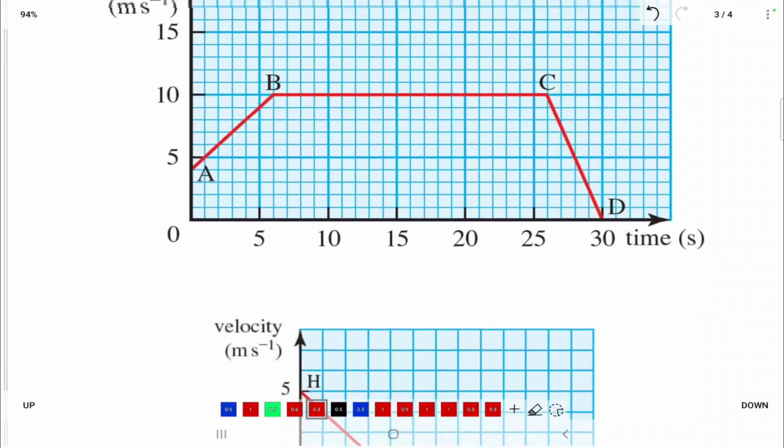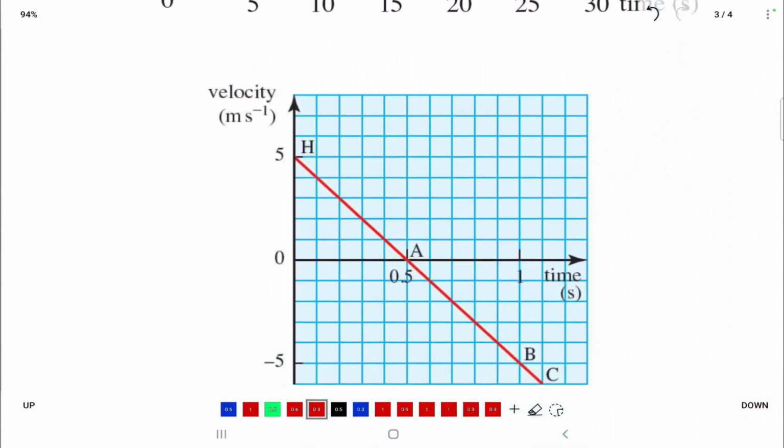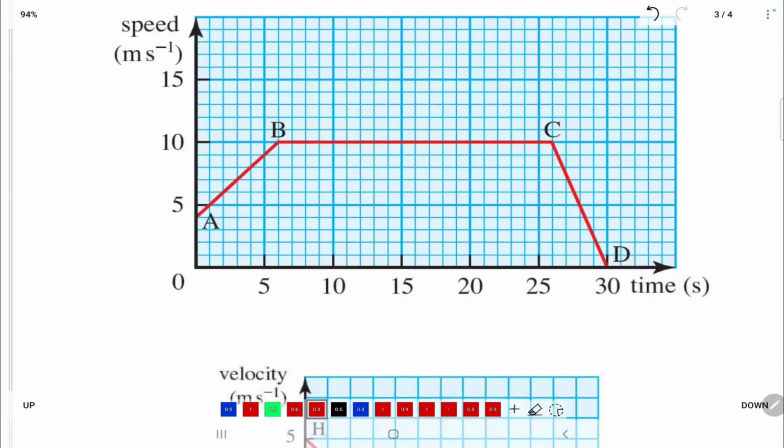We discussed these graphs before; here you see the velocity versus time, and here also the speed versus time. We can use both of them to compute the acceleration, which is the rate of change of velocity or speed with respect to time.